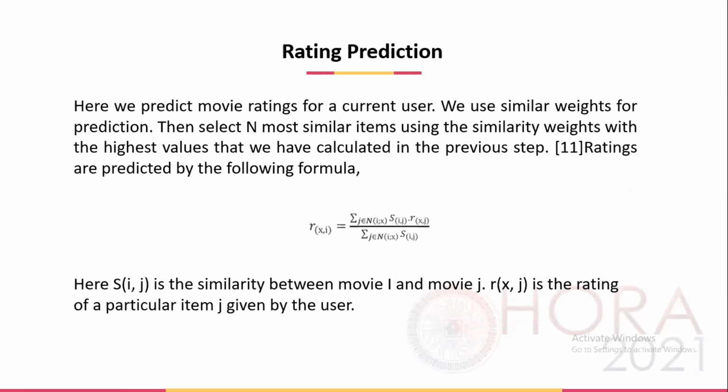So basically, by using the similarity measure value, we predict the rating of an unrated item. This is the formula that we have used for rating prediction. In this formula, S_ij is the similarity between movie i and movie j. X_j is the rating of a particular item j given by the user.